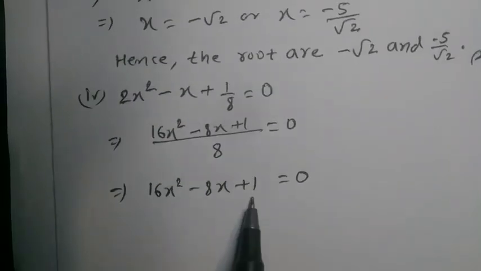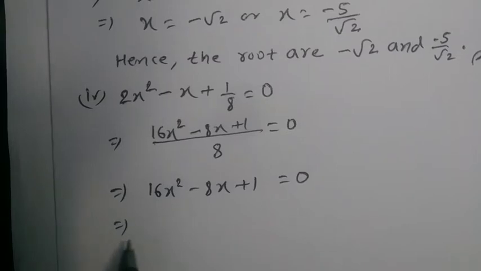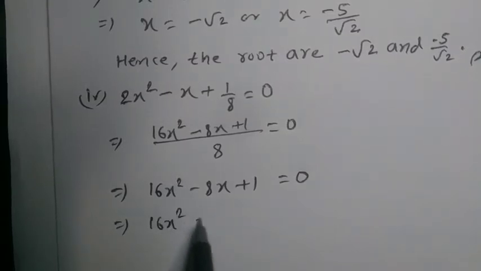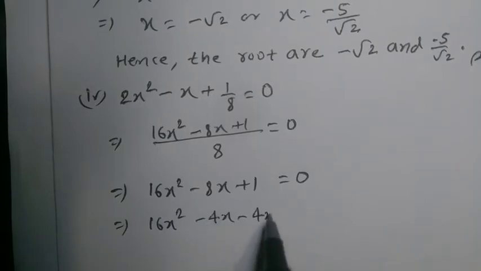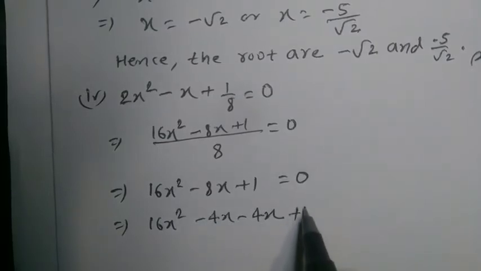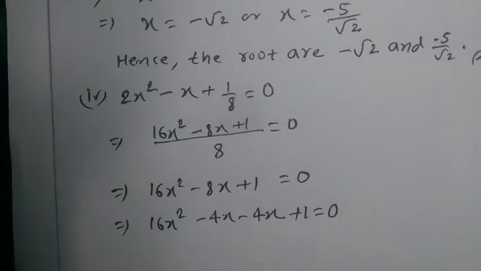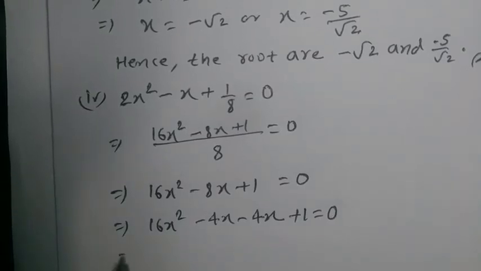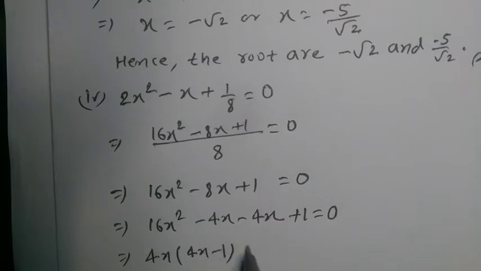Now 16 times 1 is 16. So we write here 4 times 4 is 16. It means that 16x square minus 4x minus 4x plus 1 is equal to 0. Implies 4x common, then 4x minus 1 is common, then minus 1 is common with the sign of plus 1 changed.